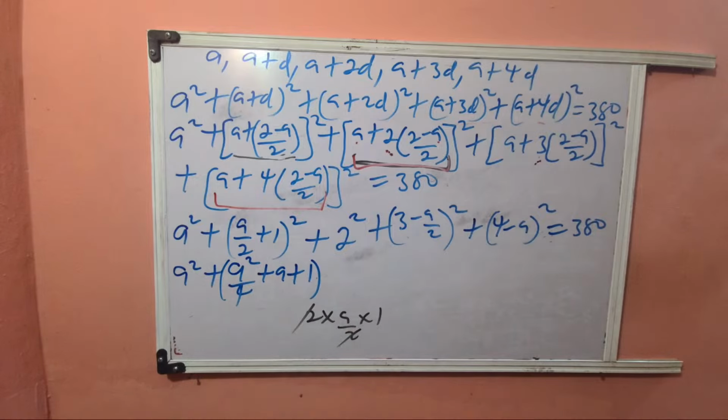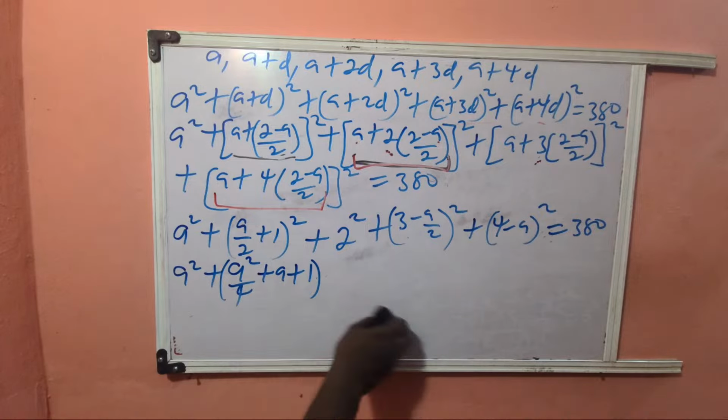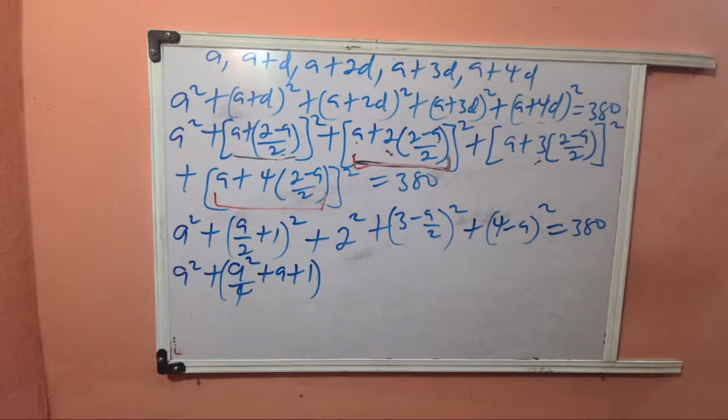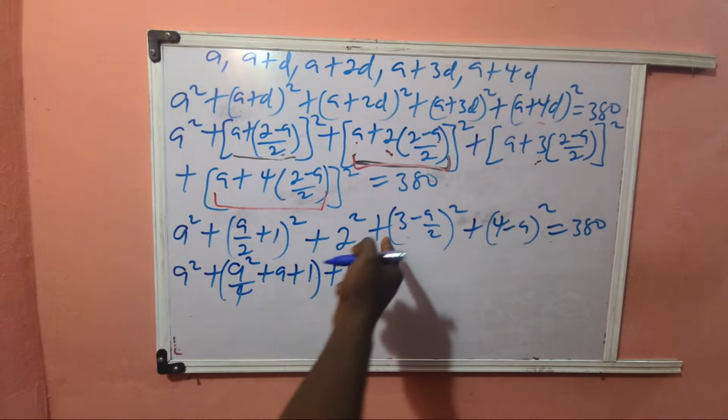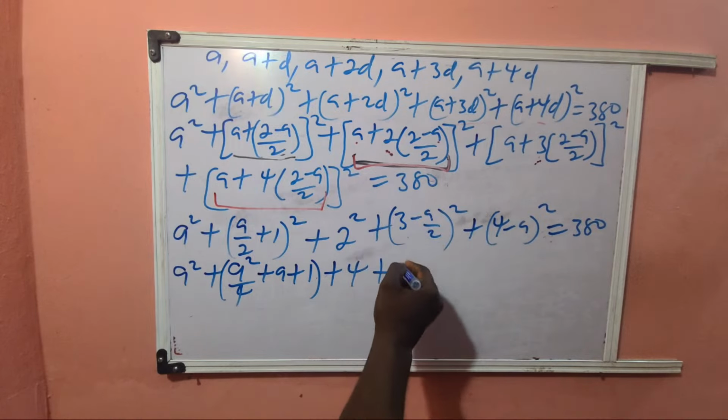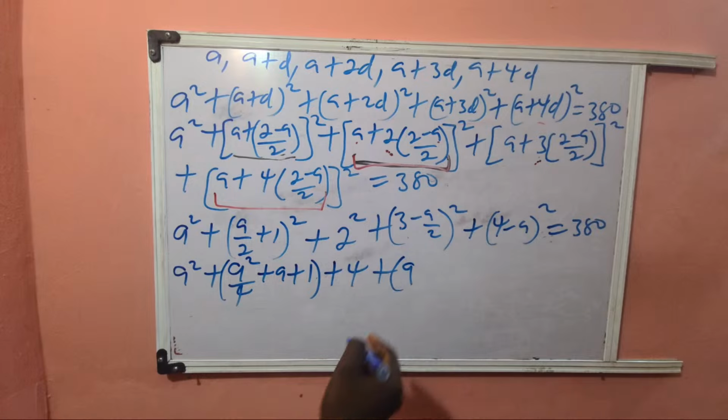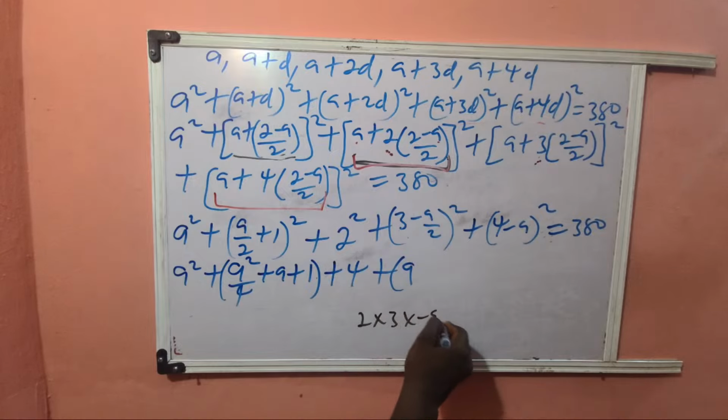So I've successfully squared that very first term. Of course, 2 raised to power 2 is 4, so that second one also is done quickly. Plus 4, then plus, let's try and do this one. The very first thing to do here is 3 raised to power 2, that will be 9. Then going on to multiply everything, that will be 2 times 3 times minus a over 2.